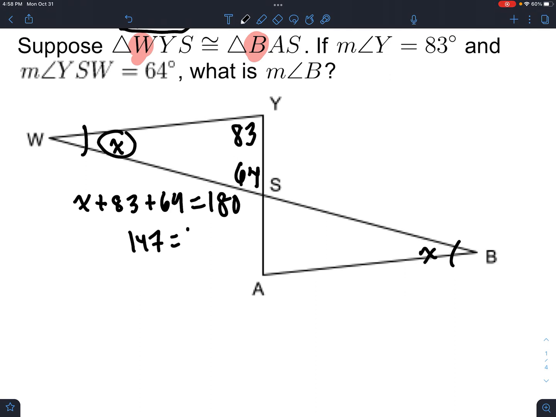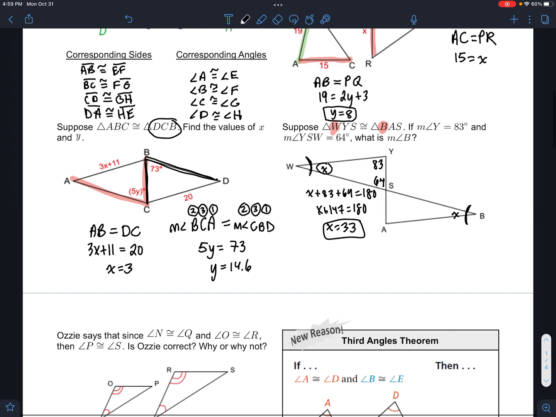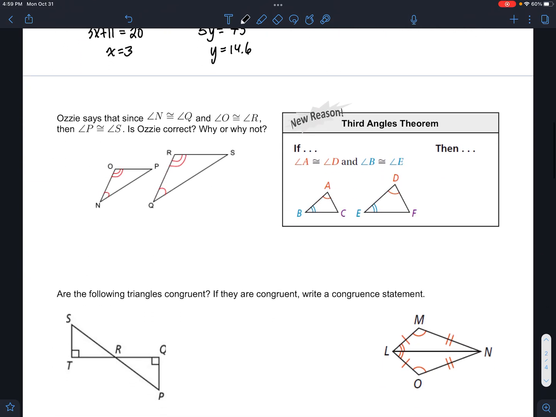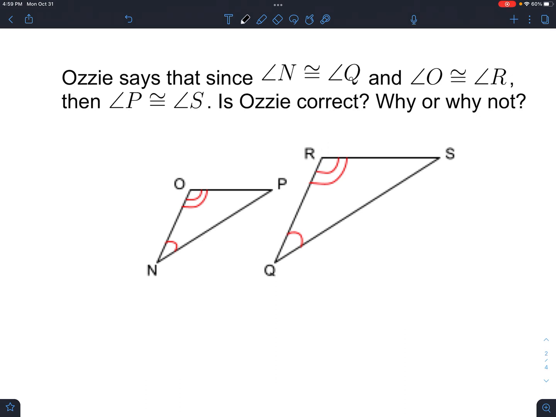So let's call the measure of angle B also X. Then we would have, without much work, that X is 33. And it's going to be 33 for both angles because they are both first in the congruence statement. Okay? So that's kind of what makes triangles congruent, is if all of its parts match, meaning its sides and its angles. You need 3 and 3.